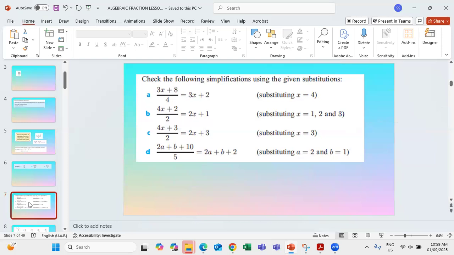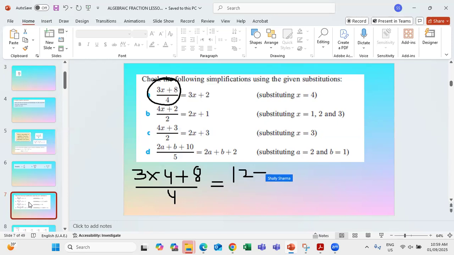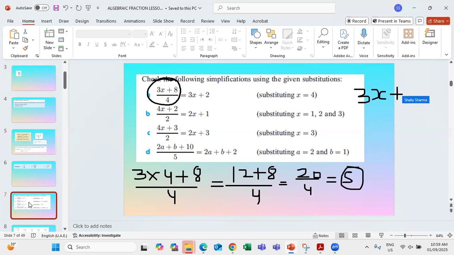So I will substitute x as 4. So 3 times 4 plus 8 divided by 4. So it is 12 plus 8 divided by 4, which is 20 divided by 4, and that is equal to 5. On the other hand, we have 3x plus 2, and if I substitute x as 4, I get 12 plus 2, which is 14.